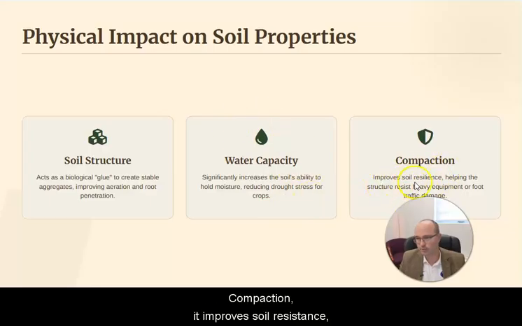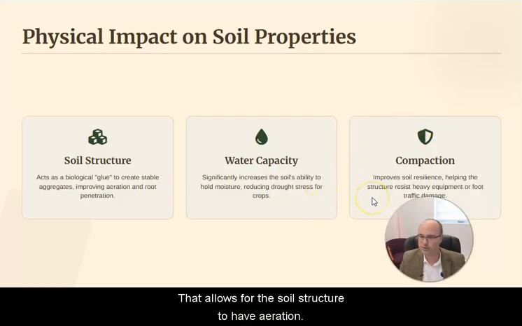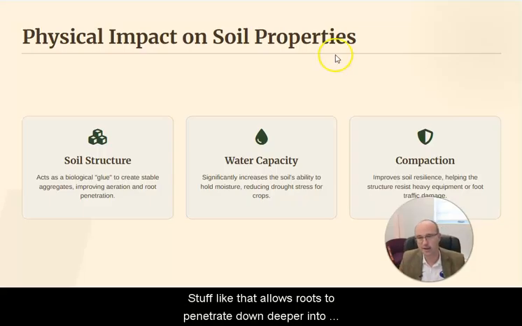Compaction: it improves soil resistance, helping the structure resist heavy equipment or foot traffic damage. So it helps resist that compaction, which allows the soil structure to have aeration and allows roots to penetrate down deeper into the soil to mine those minerals and nutrients that are available.